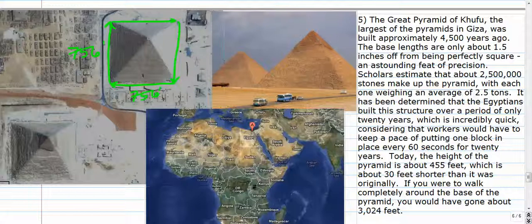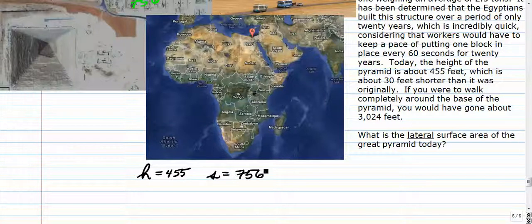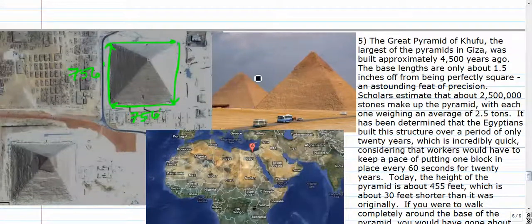And it has a height of 455 feet. So I think that's all we need in order to solve this thing. We have H is 455. We have S is 756. We don't know the L. The L, of course, if I were to look at this pyramid, would be the distance straight down one side of this pyramid.